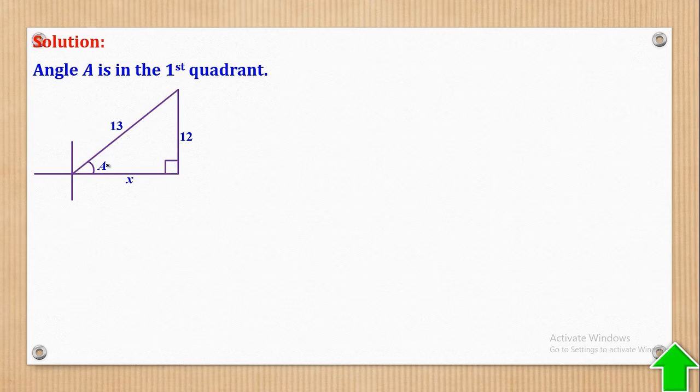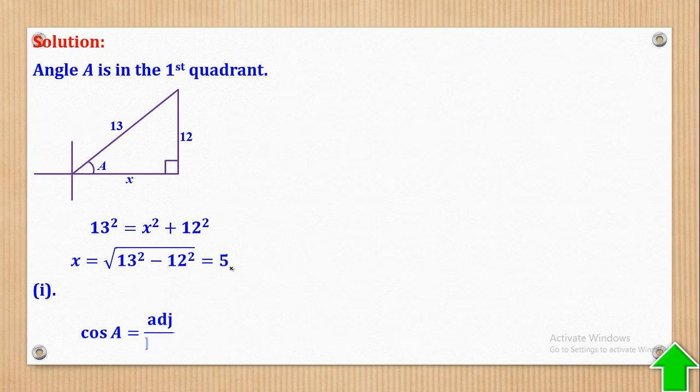When this is the angle, opposite is where that angle faces, and the hypotenuse is the other side, which doesn't have the right angle sign. We don't know the adjacent, let it be x, and we shall use Pythagoras theorem to come up with the value of x. So the value of x will be 5. Now that we know the adjacent, opposite, and hypotenuse, we can answer the questions.